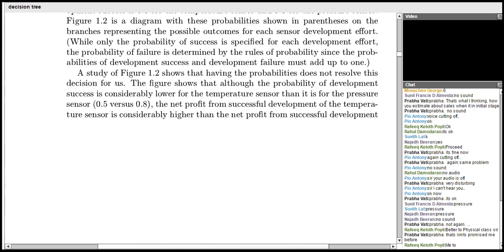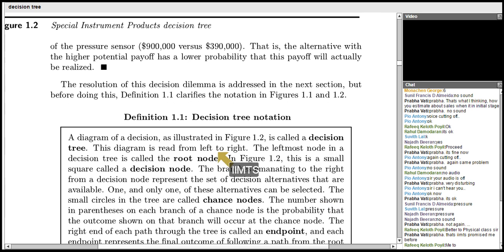So let's go down again and continue this. Okay, good. So we have the net profit from the temperature sensor is higher than for the pressure sensor. That is, the alternative with high potential payoff has a lower probability that this payoff will actually be realized. So the more risk, the more the payoff, the less risk, the less the payoff.